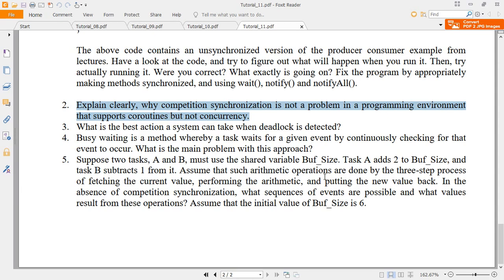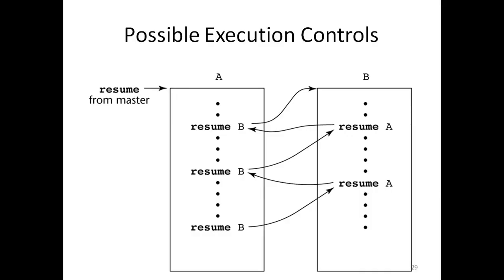Recall the coroutines concept in subprograms. Say for example, here A is a coroutine and B is another coroutine. A starts executing, that is, A is resumed from the master routine, and once it came to this statement, it resumed B. Then B started executing, then again resumes A, then after executing some time, again resumed B. So this is the way of shifting, but there is no proper lock acquired.